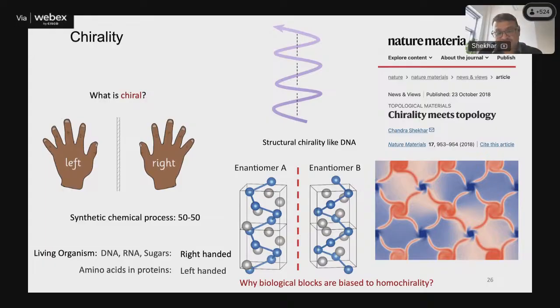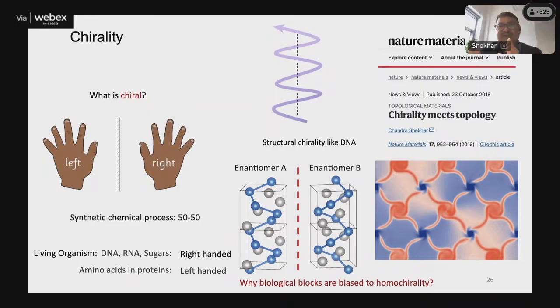Once we start from non-living material like our lab material, in a human or animal, why is this material only one handedness? So we selected this.